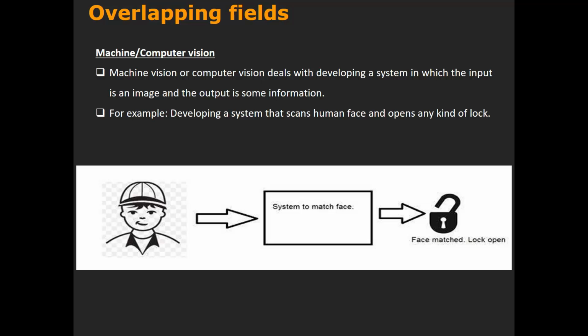While if you are going to improve the quality of an image, for example, there is a blurred image and you perform some kind of processing and the output is an improved version of the input image, that comes under digital image processing.